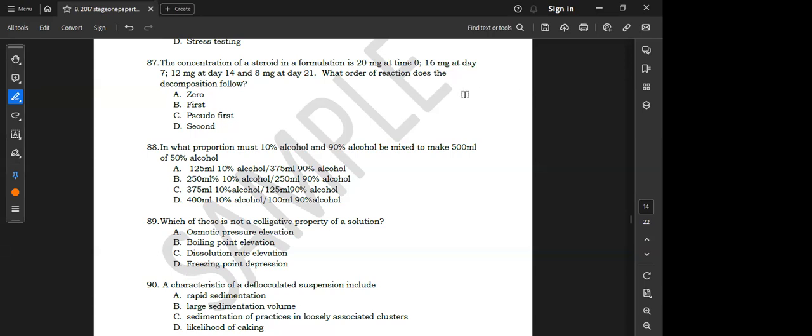So at time 0, 16 at day 7, 12 at day 14 and 8 at day 21. What order of reaction does the decomposition follow? Yeah, I expect people to be answering this one fast because we did it again and again. 0.